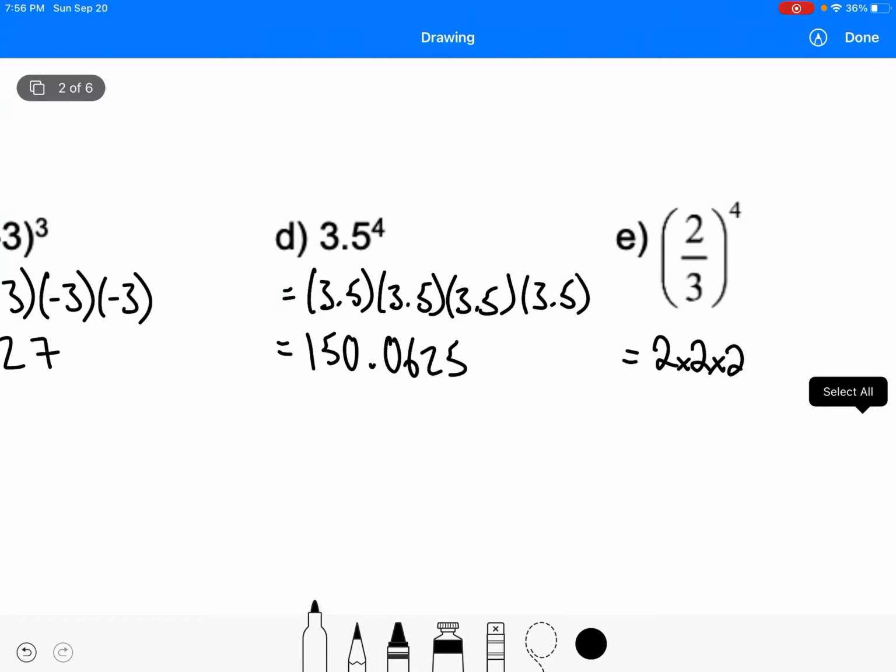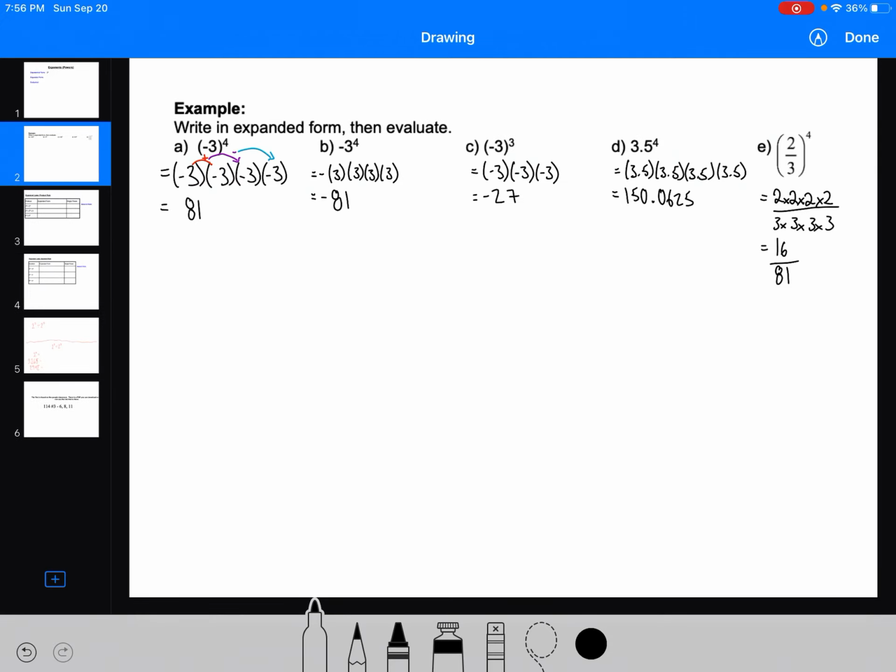So 2 times 2 times 2 times 2. And the bottom, 3 times 3 times 3 times 3. So 2 to the 4 is going to give us 16. And 3 to the 4 is going to give us 81. And we can't reduce that at all, so we would just leave that the way it is.